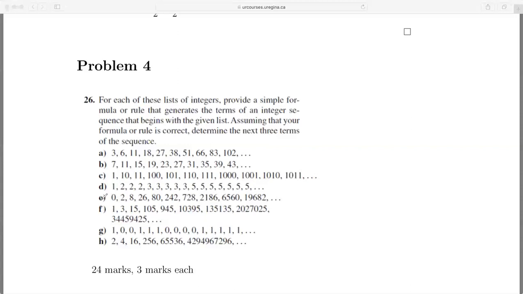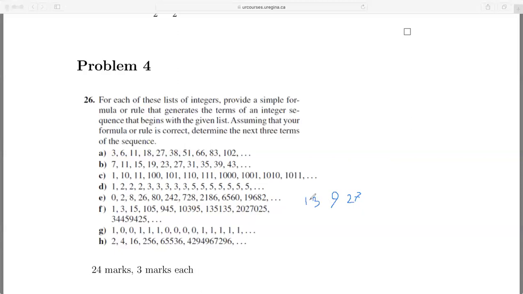And let's start with E. Here, in this sequence, if we check the powers of 3, what will they be? It's 1, 3, 9, 27. These are the powers of 3. So if you check here, the terms given are the powers of 3 decreased by 1.